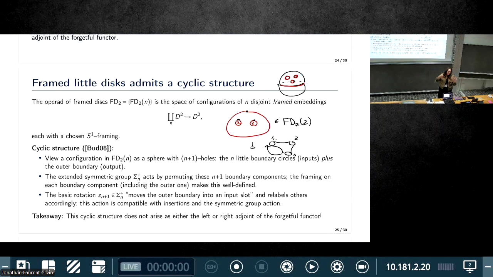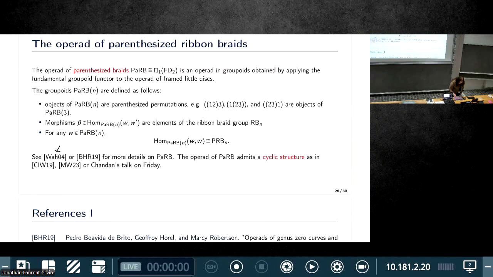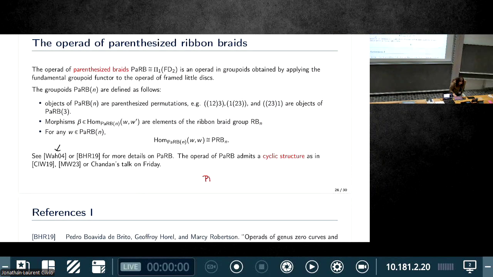So you could take your ribbon braid operad and do the left and right adjoint or do a bunch of things, and you get a cyclic operad. It's weird, but it's somehow not really the same thing that you would want to map down to surfaces. And I will tell you tomorrow, the reason you want the ribbon braid operad to map to surfaces is because the pure ribbon braid group on n strands is the mapping class group.